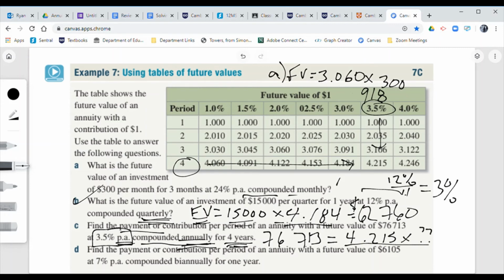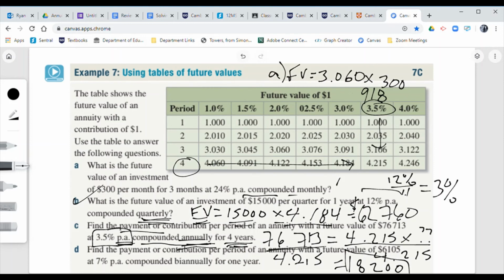So that means we're going to divide by 4.215, which means our contribution amount is going to be 76,000 divided by 4.215, and our regular contribution amount is going to be 18,200. So that's going to be our regular contribution amount that we're going to make over the 4 years to end up with 76,000 at the end of the day.